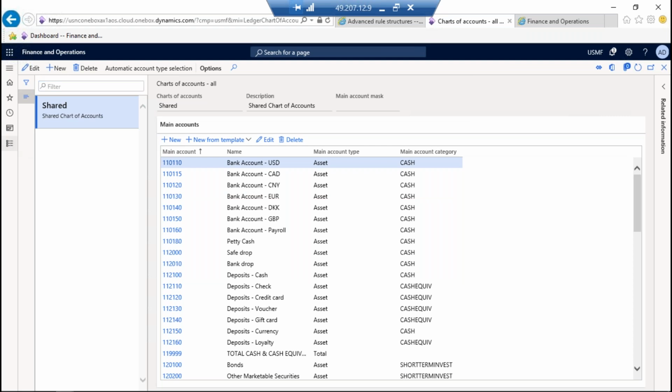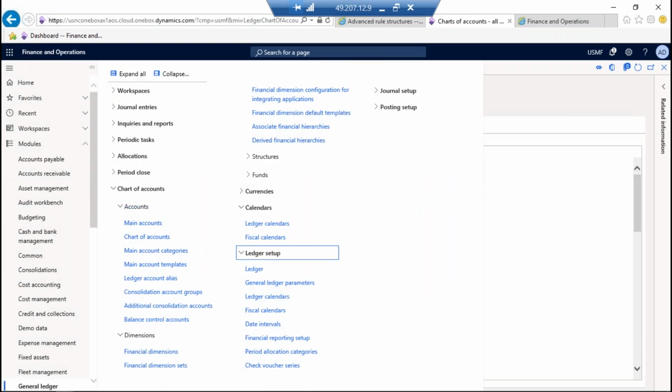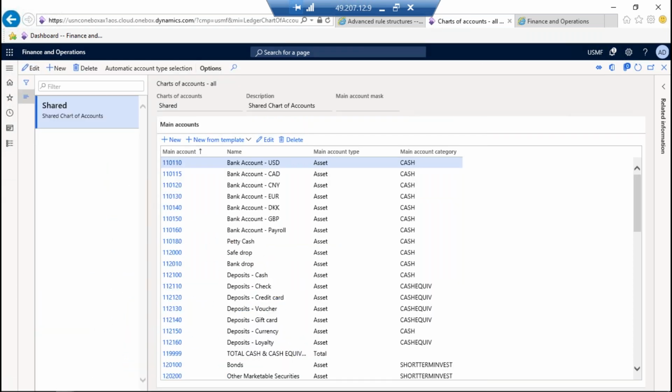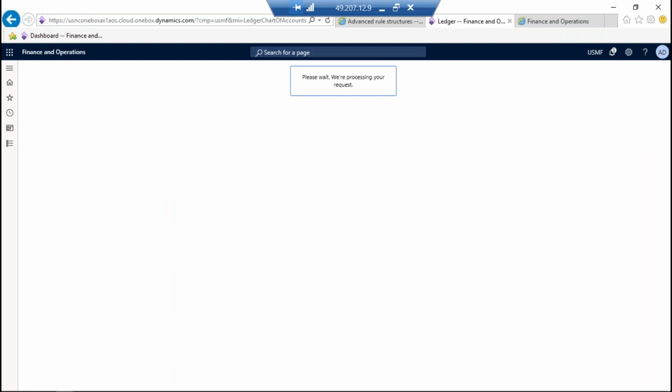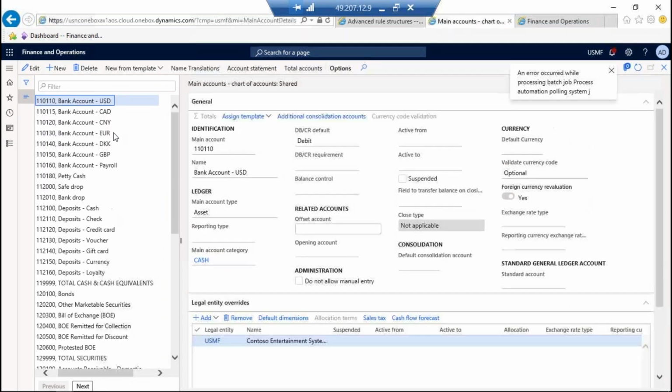The same thing we can see from here, main accounts. These main accounts belong to this company. So a set of main accounts together is one chart of accounts.